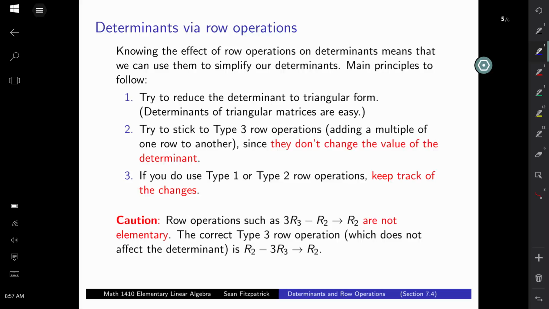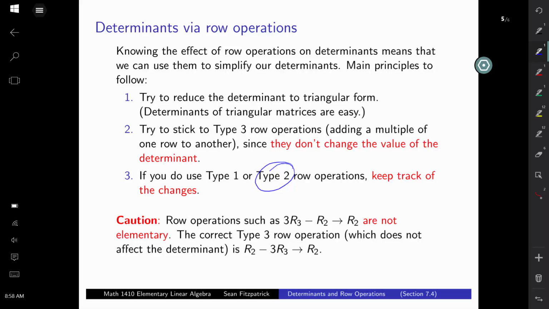The other two types of row operations change the value, so if you must perform one of those, you need to keep track of the changes. I'll warn you now that the second type is kind of tricky to keep track of, so unless you absolutely need it, you should probably avoid it.